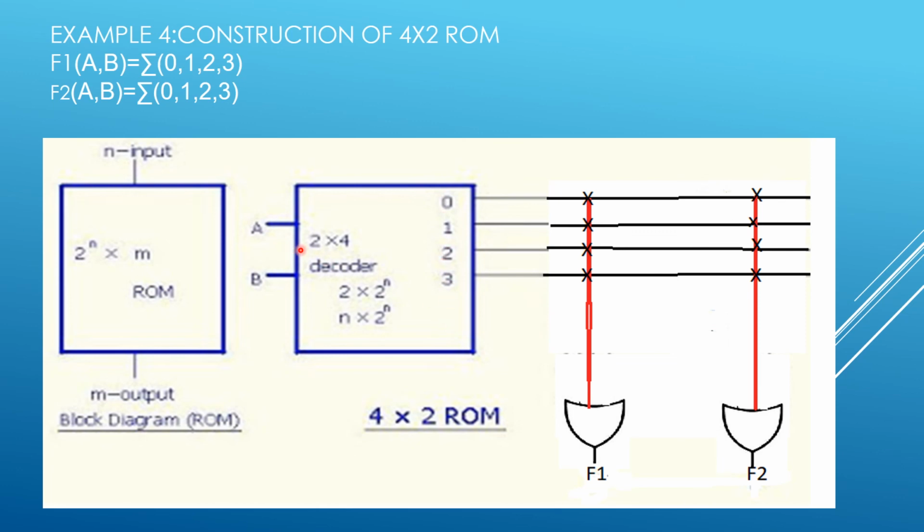It is nothing but a 2 to 4 decoder. So it has got 2 ROM functions f1 and f2. f1 is 0, 1, 2, 3 and f2 is also 0, 1, 2, 3. So it has got 4 output lines. So it represents a 4 cross 2 ROM with functions f1 and f2.